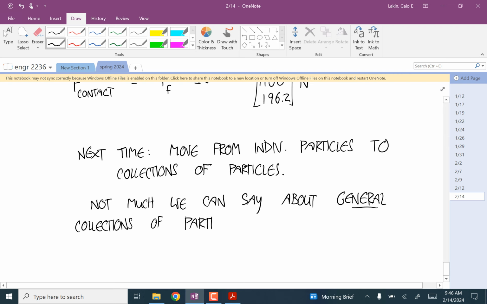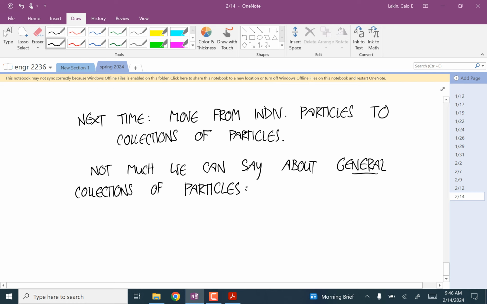But think of just this blob of stuff flying through space. We can say one interesting thing about it.